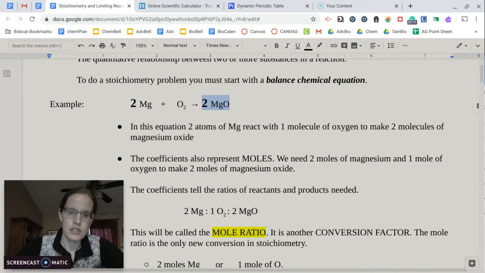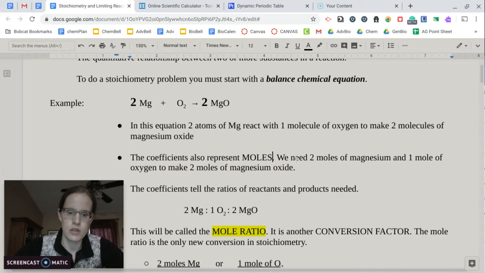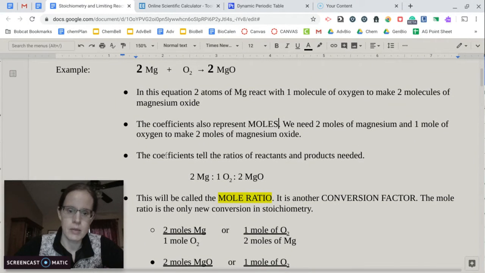That's your ratio. Now those coefficients are going to represent moles. So here we've got 2 moles of magnesium for every 1 mole of oxygen for every 2 moles of magnesium oxide. You're going to have to pause this so you can write down the notes, because I'm going to talk through it pretty fast to try to meet my 15-minute time limit here.